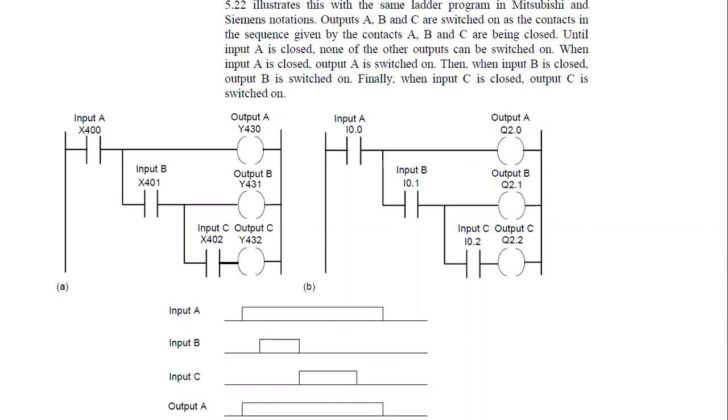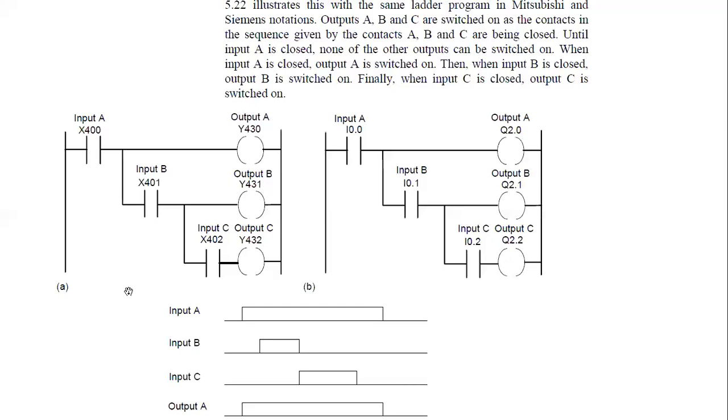And when input A is closed, output A is switched on. And then when input B is closed, there will be an output at Y431.